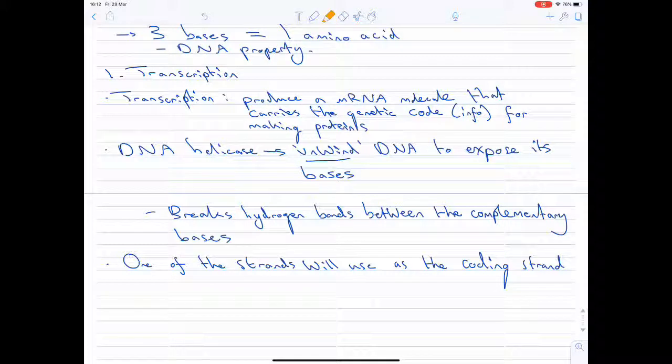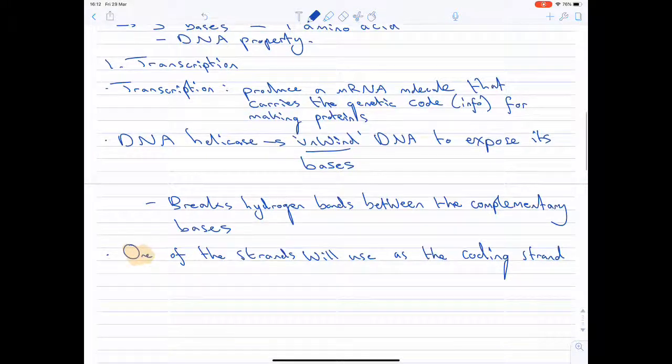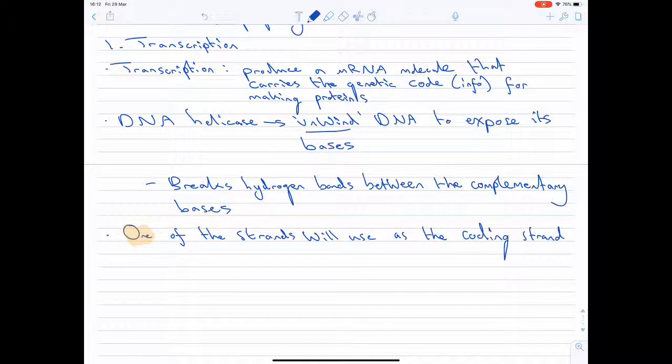The key part to understand is that it's not both of the strands that we separated, it's just one, which is the opposite of DNA replication where you use both strands. In protein synthesis, you're just using one of the strands, and that's very important to understand and to make sure the examiner knows that too.